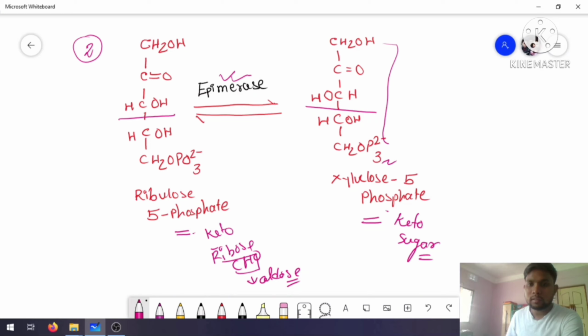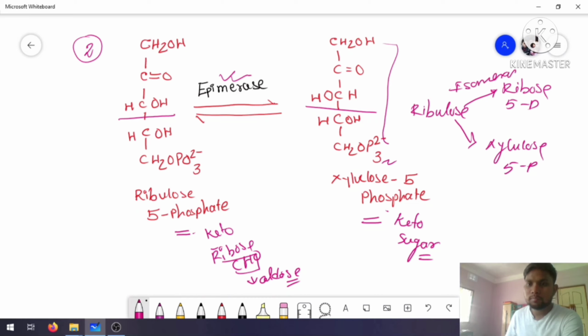So what is happening? Ribulose is converted into ribose 5-phosphate and xylulose 5-phosphate. This is with the help of isomerase and this is with the help of epimerase.